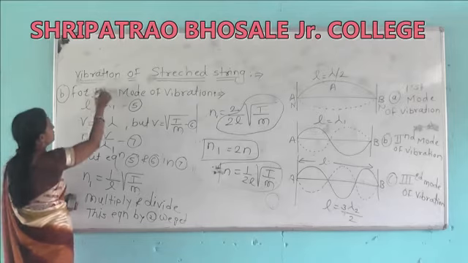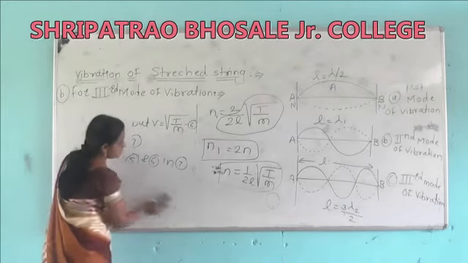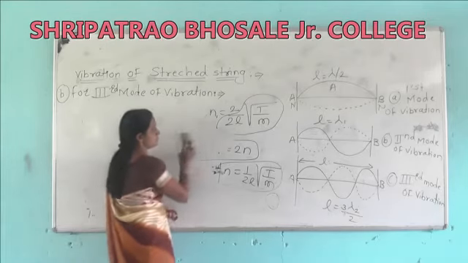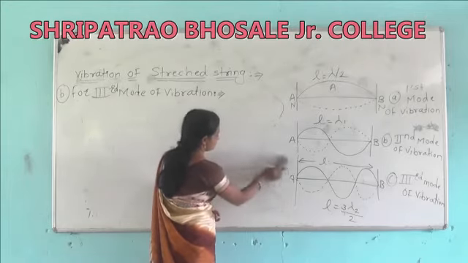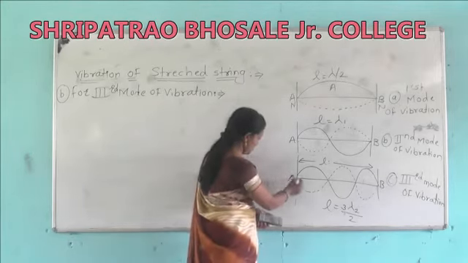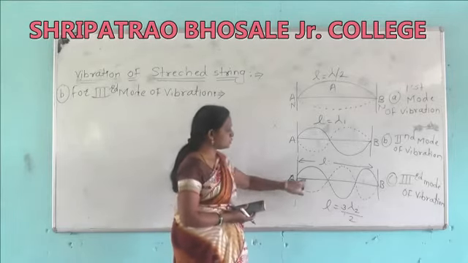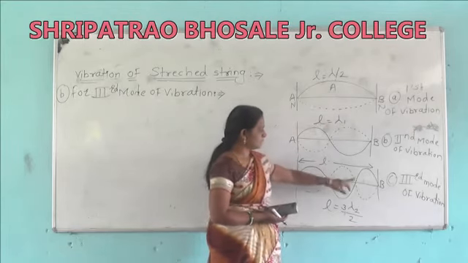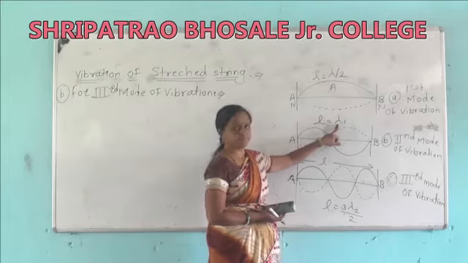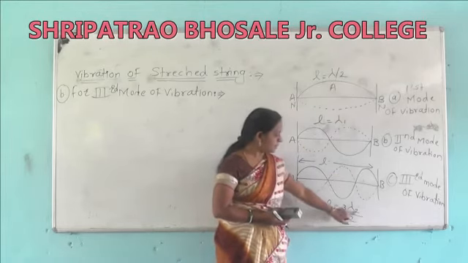For the third mode, here we can see in this figure there are 3 loops formed. The distance between two successive nodes is lambda by 2, and by adding these loops, for the third mode we get the distance 3 lambda by 2.